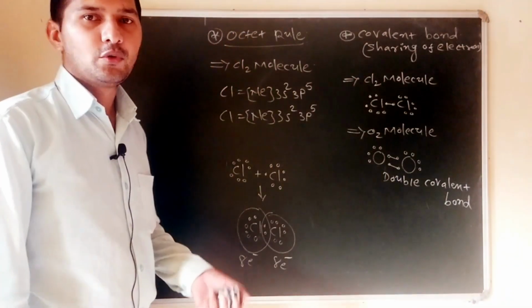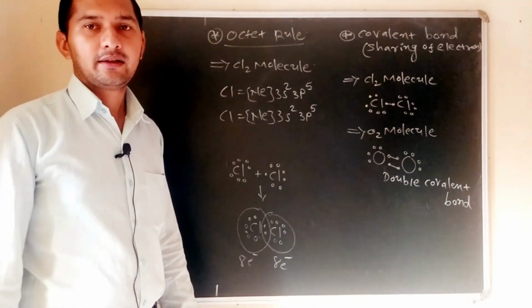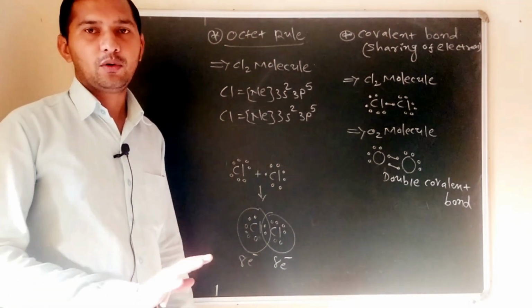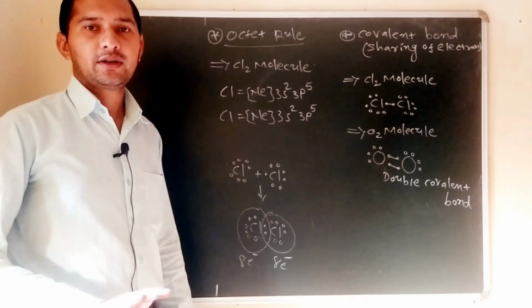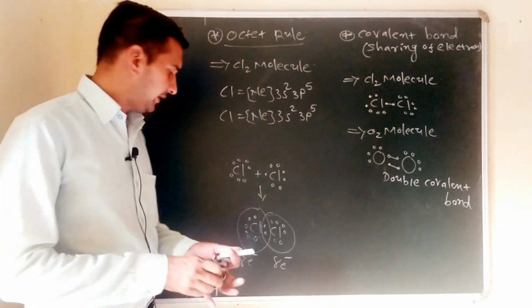If any molecule has 3 shared electron pairs, then we can say it is a triple bond, and this molecule is also stable, like the nitrogen molecule.